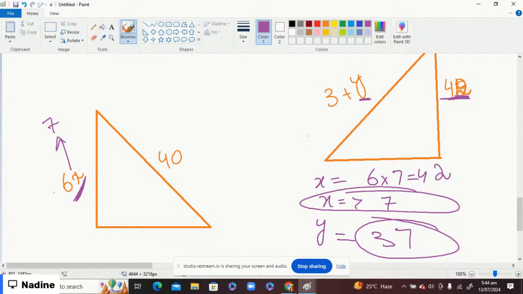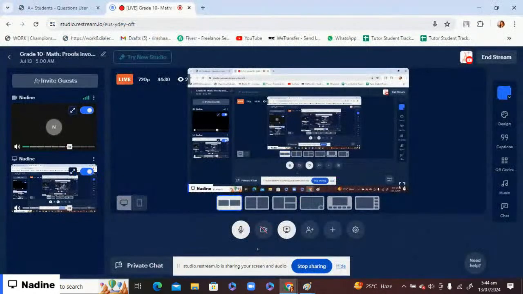So in place of x we're going to put the equivalent value. Here we're going to put 6 times 7, which is 42. Is my voice clear?